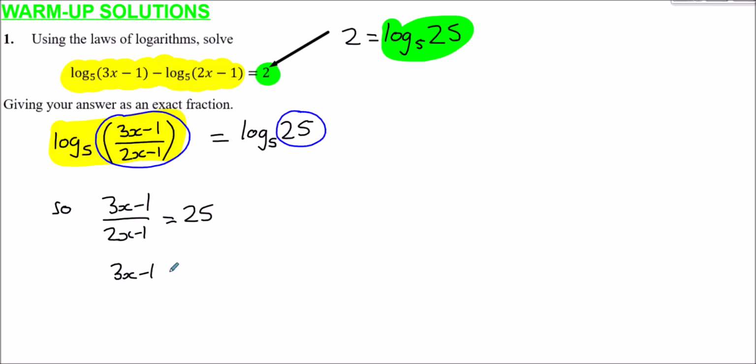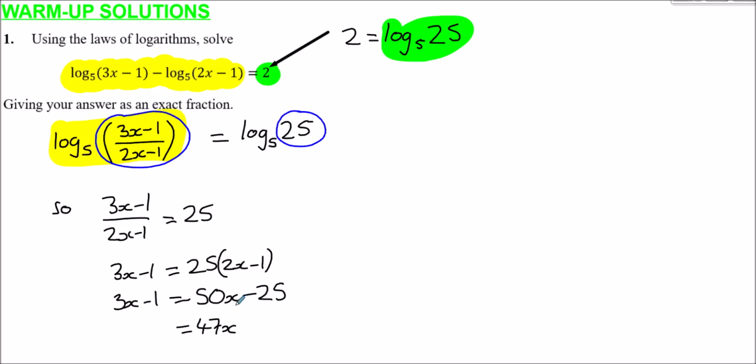So 3x minus 1 equals 25 multiplied by (2x minus 1). Expand this side. 25 times 2x gives 50x. 25 times minus 1 is minus 25. If I subtract 3x from both sides, this side will become 47x. 3x take 3x will vanish over here.